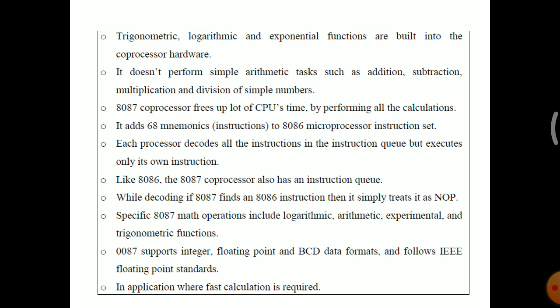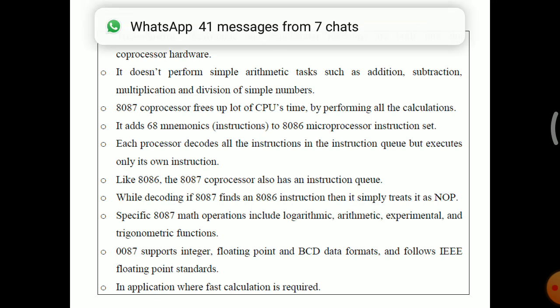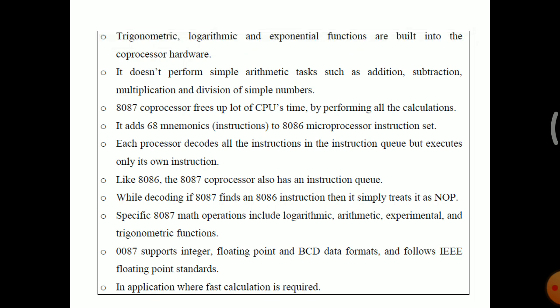The name itself suggests it is wholly and dedicatedly used for performing complicated mathematical operations on behalf of the 8086 microprocessor. So most of the time that would have been consumed by 8086 for performing these tasks will be freed now. The CPU will get this time for performing other important tasks.